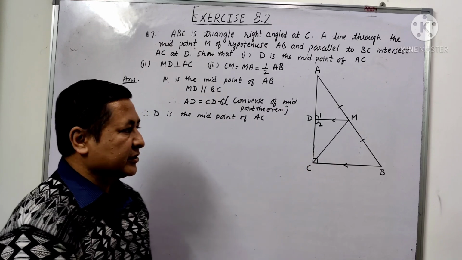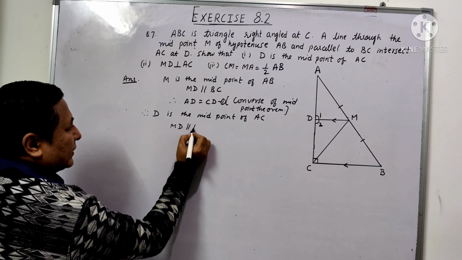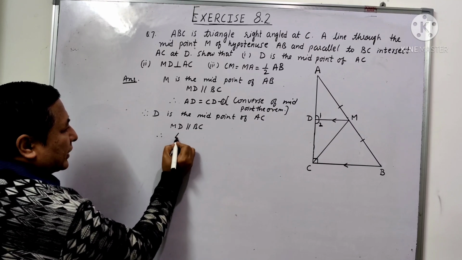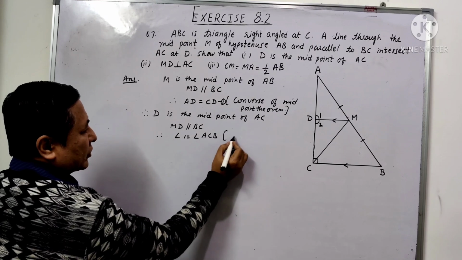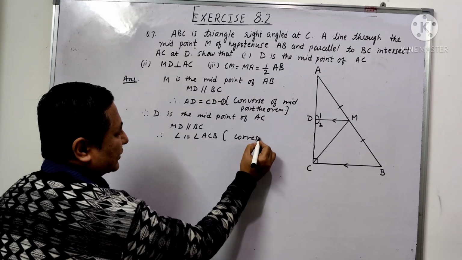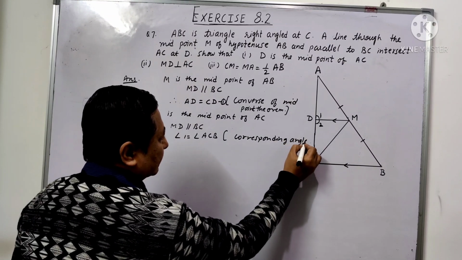Since AD and CD are equal, D is the midpoint of AC. Now since MD is parallel to BC, angle 1 will be equal to angle ACB, because these two angles are corresponding angles and corresponding angles are equal.